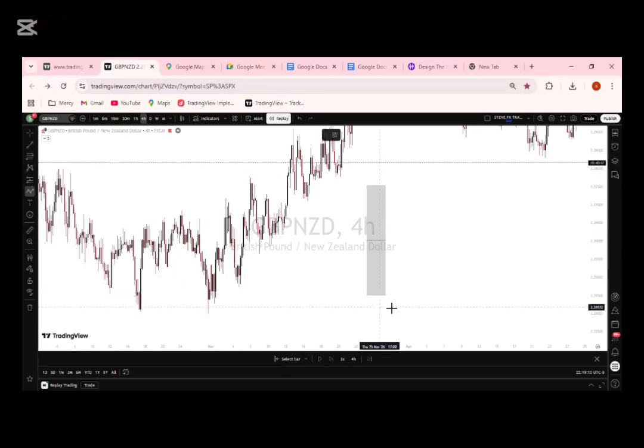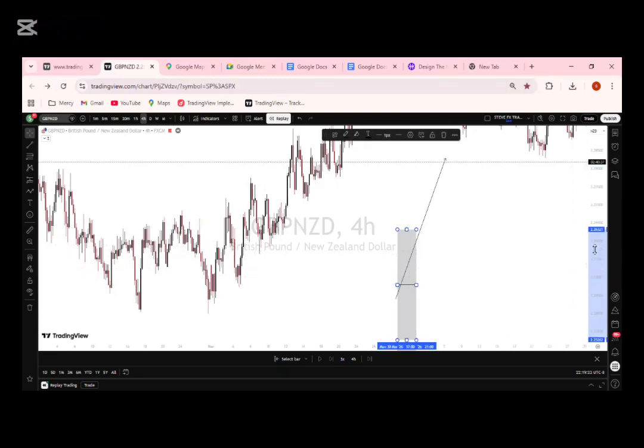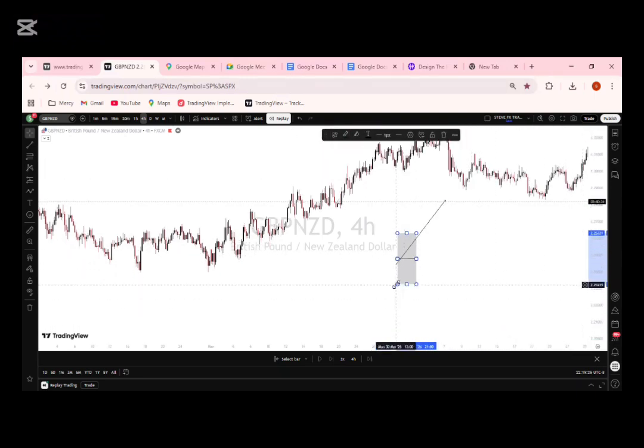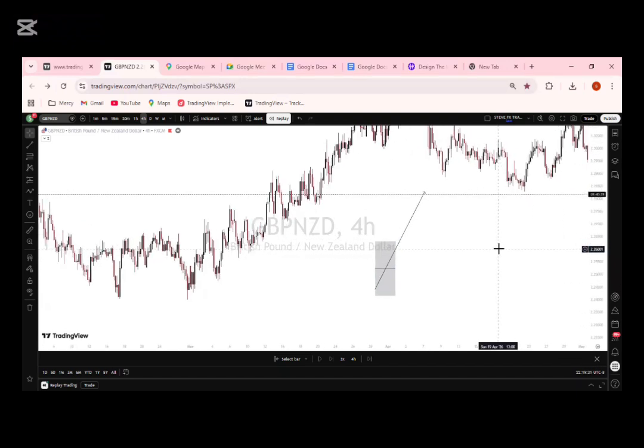Once we spot our expansion move, our last opposite candle from that particular move is where we pick our order block.